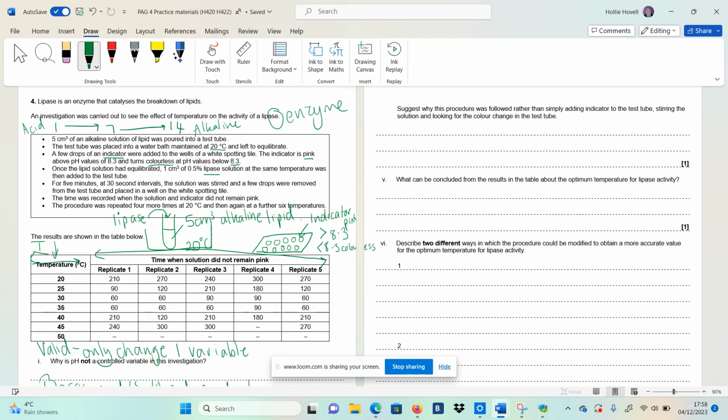So it's much easier to see. The reason we use these little dropping tiles a lot of the time is because it's a small volume on a white background and it just makes it easier to see. So it's easier to see the colour change.